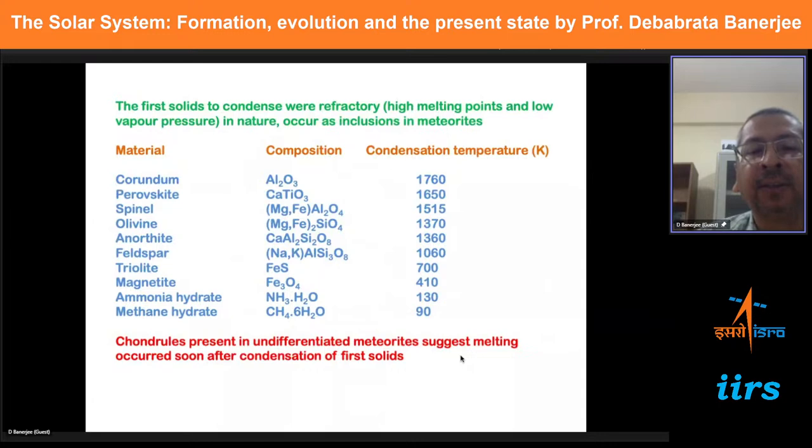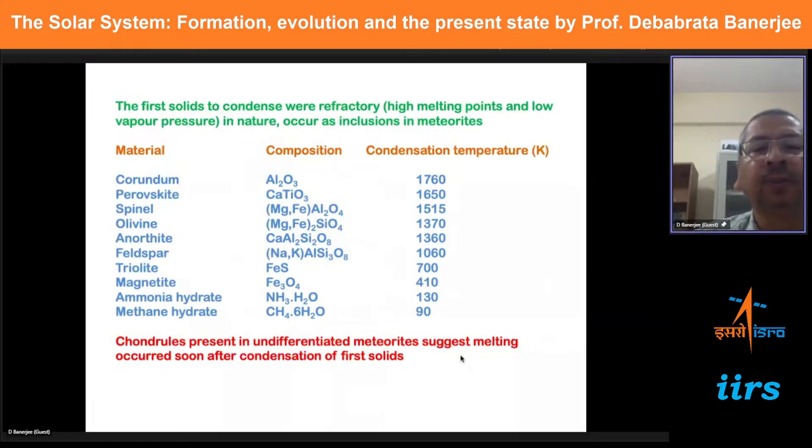Lambda is the decay constant, ln2 by t half, where t half is basically the half-life of the particular isotope. So from this, one can deduce the relative age, okay? And then you have long-lived isotopes, for example, uranium-238, which has a half-life of 4.5 billion years.